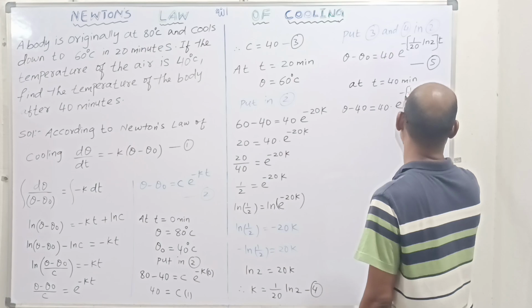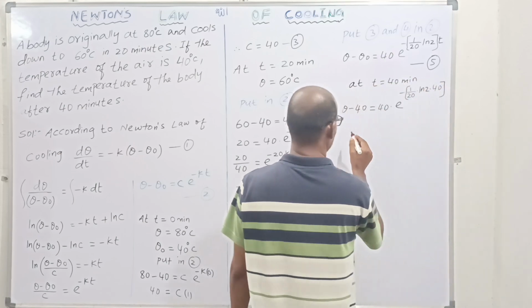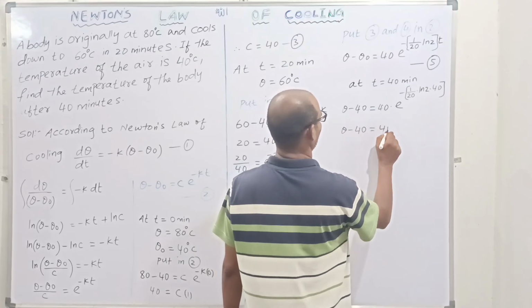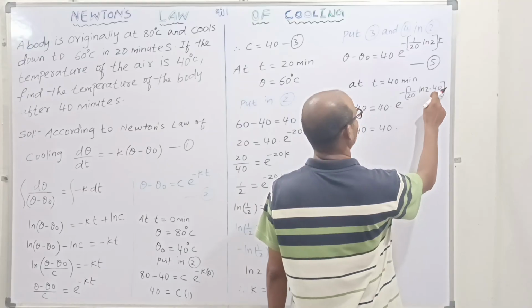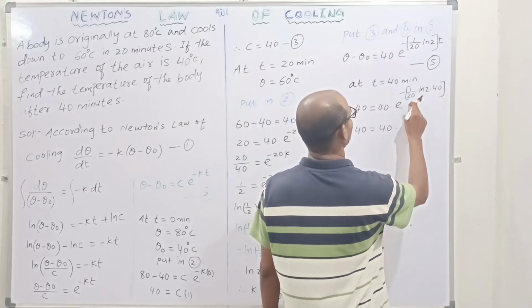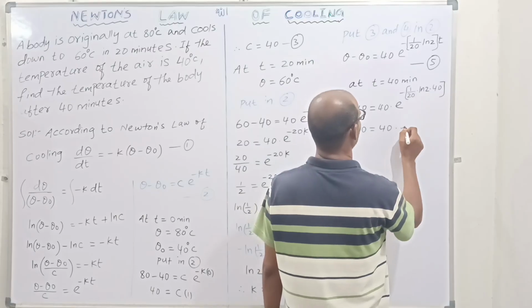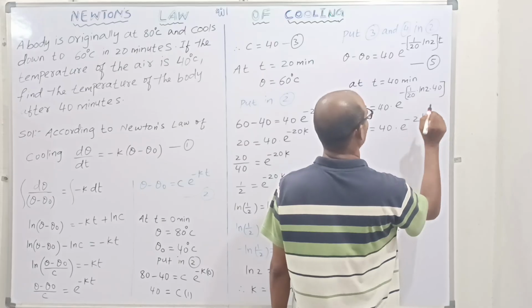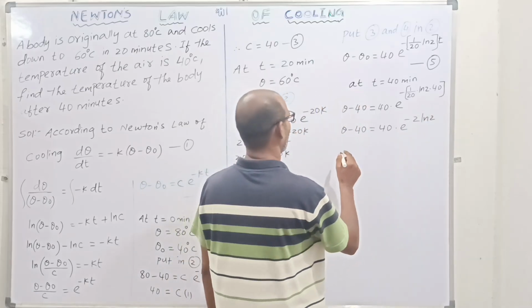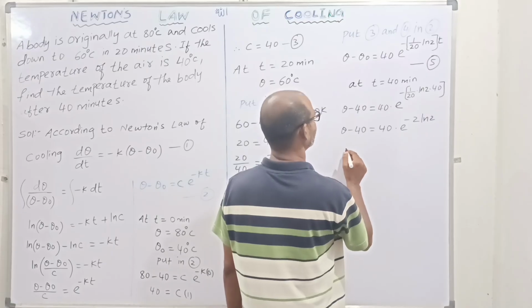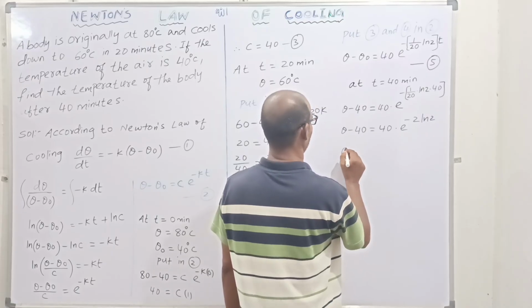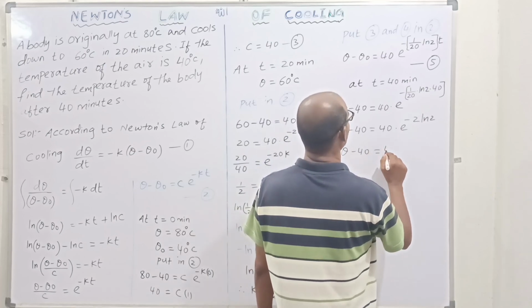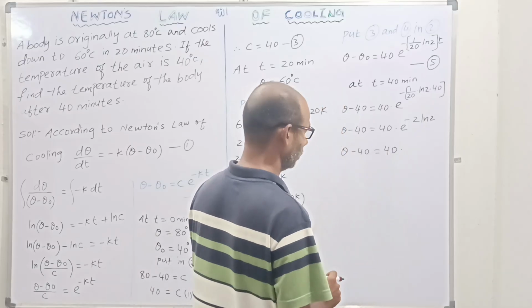So what happens here? Theta minus 40 is equal to 40 into e to the power minus. Here 20 and 40 cancel, it will cancel 2 times. So it will be e to the power minus 2 ln 2. Therefore theta minus 40 is equal to 40 into e power minus 2 ln 2.